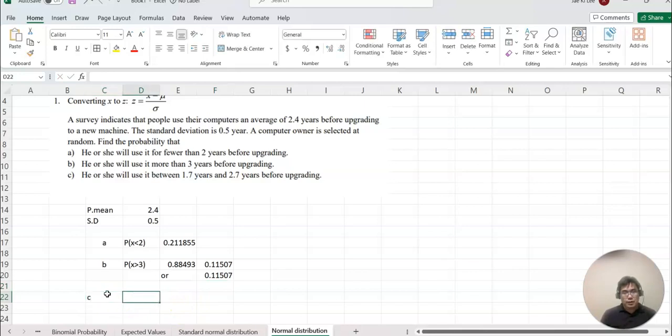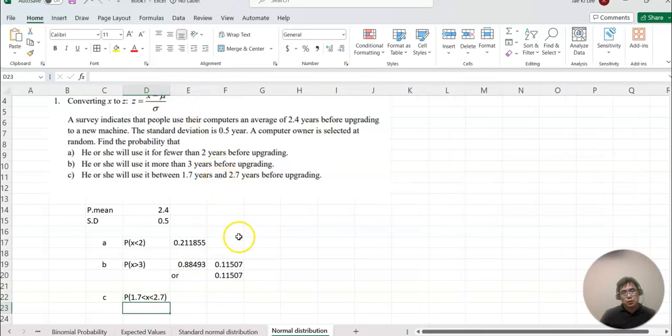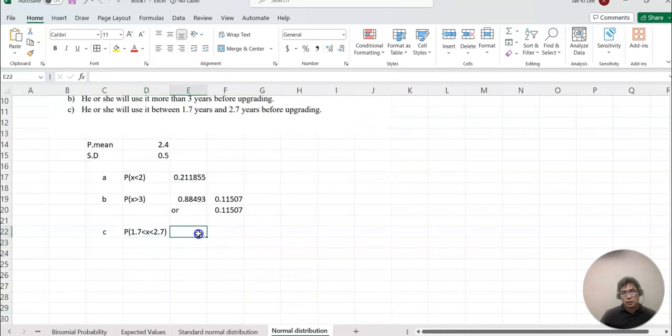Now C is the probability between 1.7 and 2.7. In this case you also have two different choices. First, you find the normal value for each and subtract the smaller value from the bigger value. I'm going to show that first. Don't forget the equal sign.